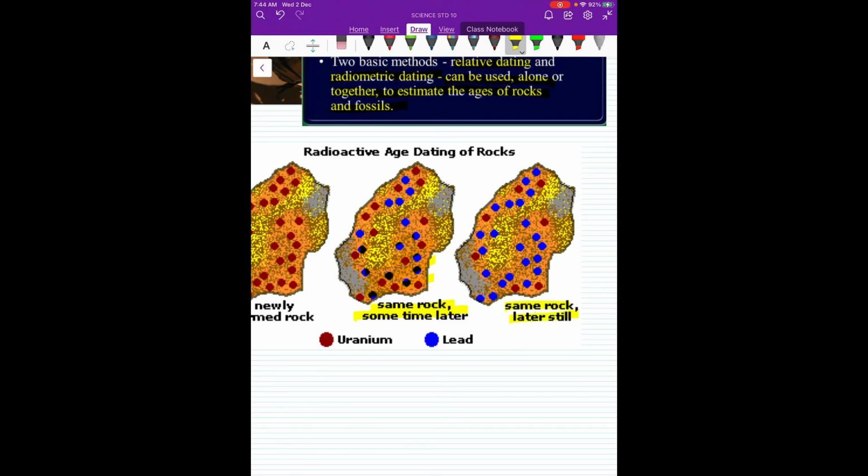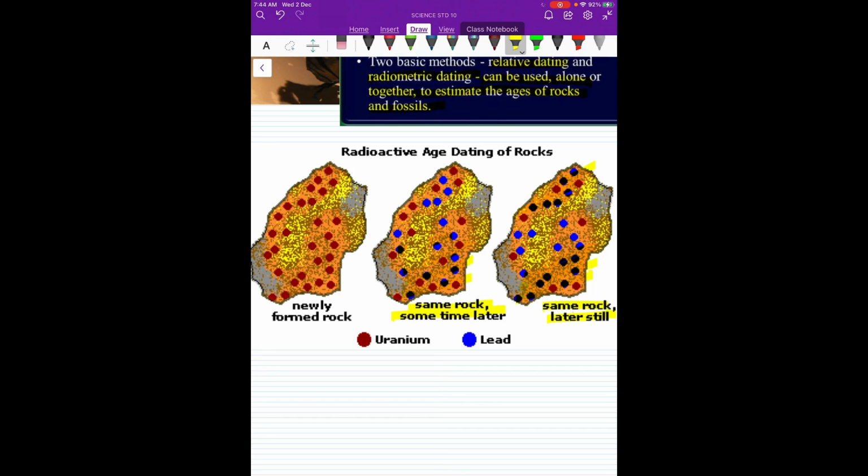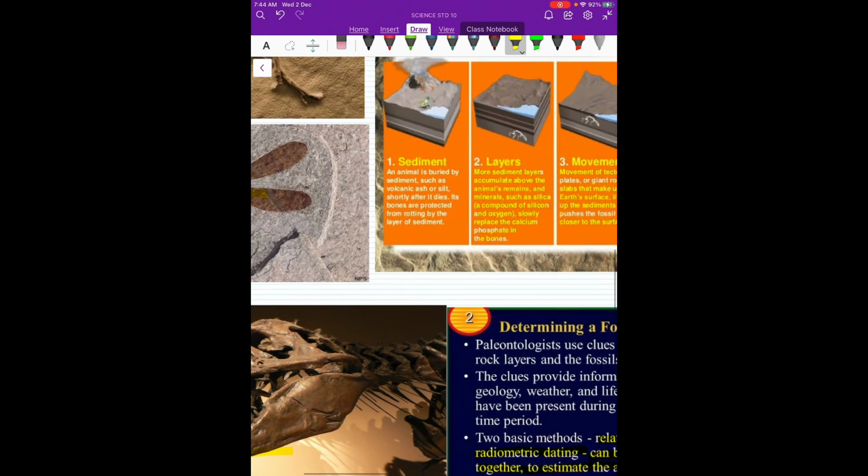So uranium, being radioactive, turns into lead. This is what scientists do. Depending on how much uranium has degraded into lead, they can come to know the age of the fossil.